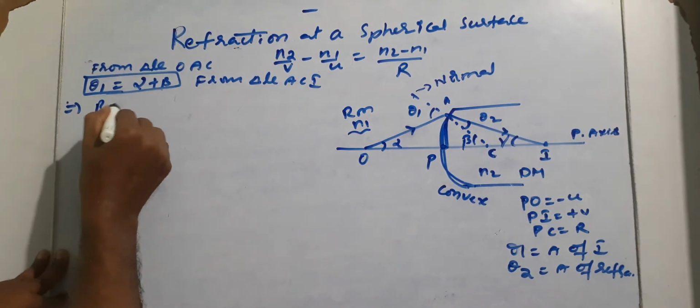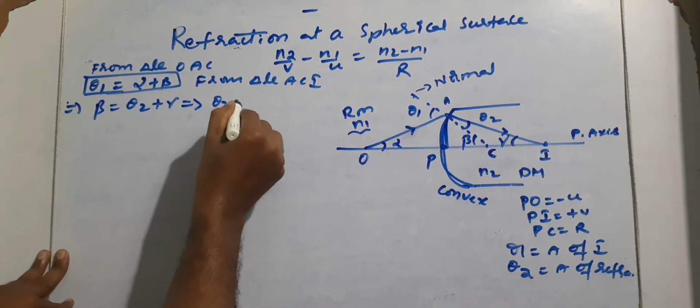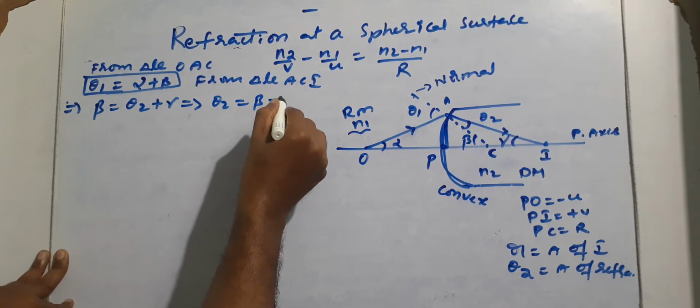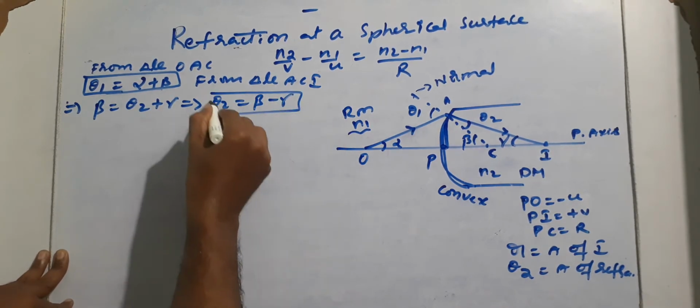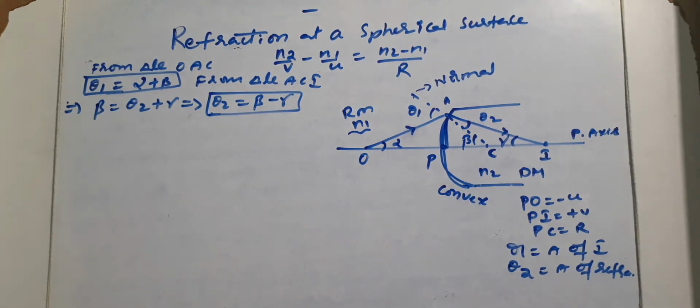So beta is equal to theta 2 plus gamma, which implies theta 2 is equal to beta minus gamma. So now we have derived the formulas: theta 1 is alpha plus beta, and theta 2 is beta minus gamma.